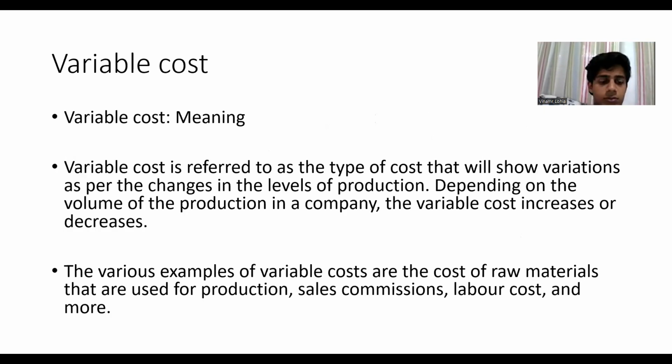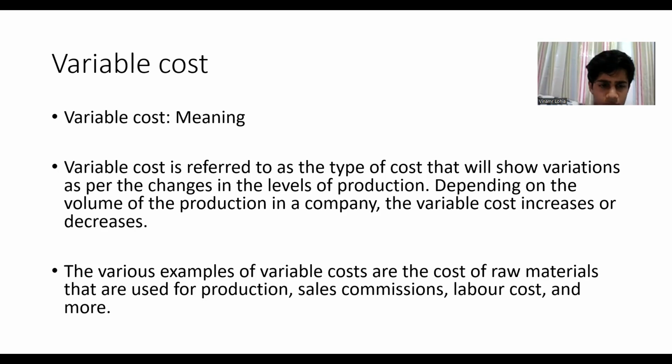Variable cost is the type of cost that will show variations as per the changes in the levels of production. Depending on the volume of production in a company, the variable cost increases or decreases. Examples of variable costs are the cost of raw materials used for production, sales commissions, labor cost, and more. As per the definitions of fixed cost and variable cost, we will leave short run and long run terms for later.